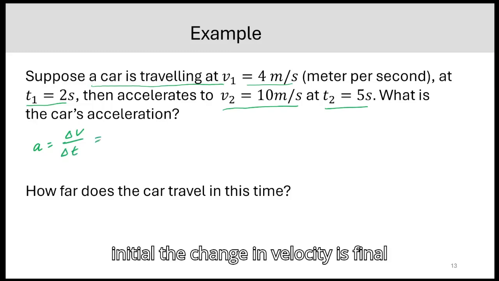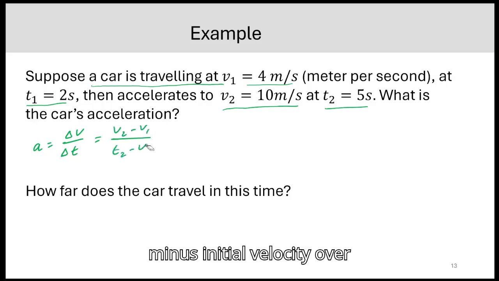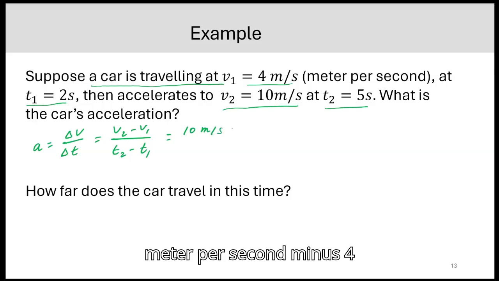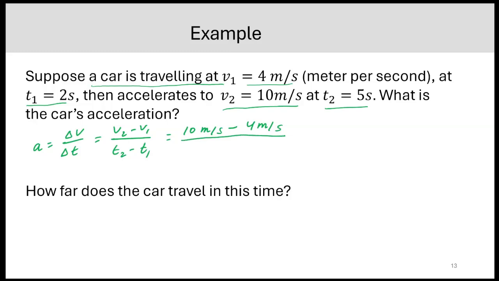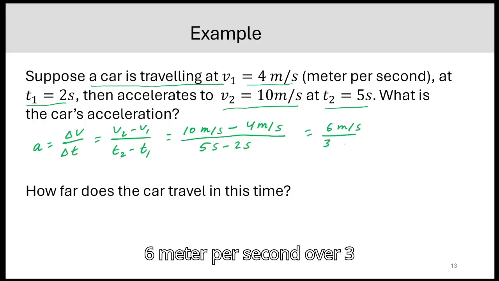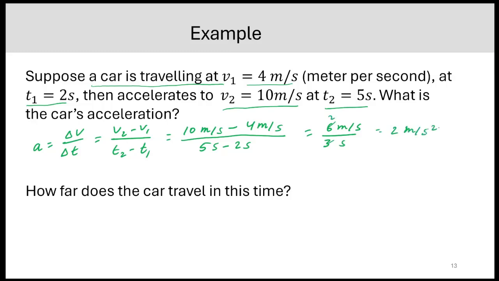Here the change in velocity is final velocity minus initial velocity over the time interval. This is 10 meters per second minus 4 meters per second over 5 seconds minus 2 seconds, 6 meters per second over 3 seconds, and this results in 2 meters per second squared.